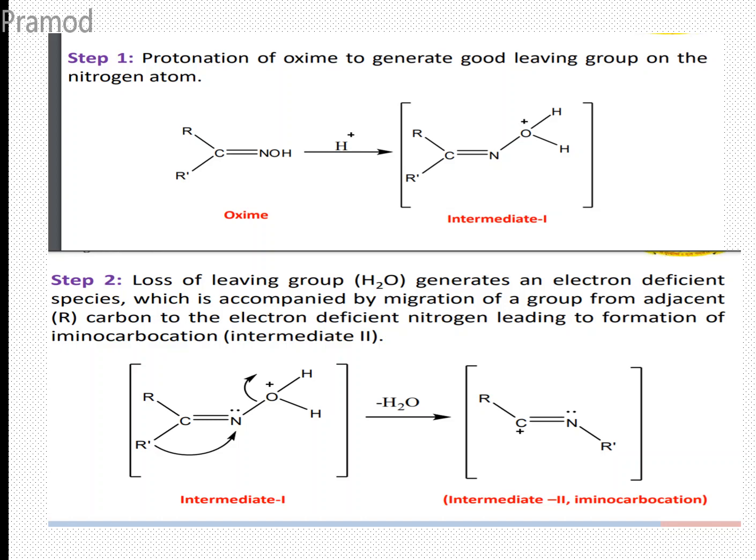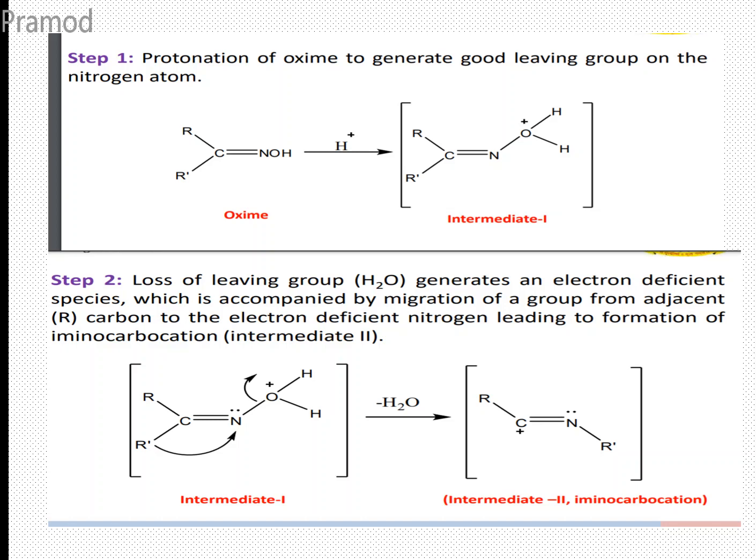Your nitrogen gets electron deficient. To fulfill the electron deficiency, the group which is trans to the leaving group gets transferred to your nitrogen.